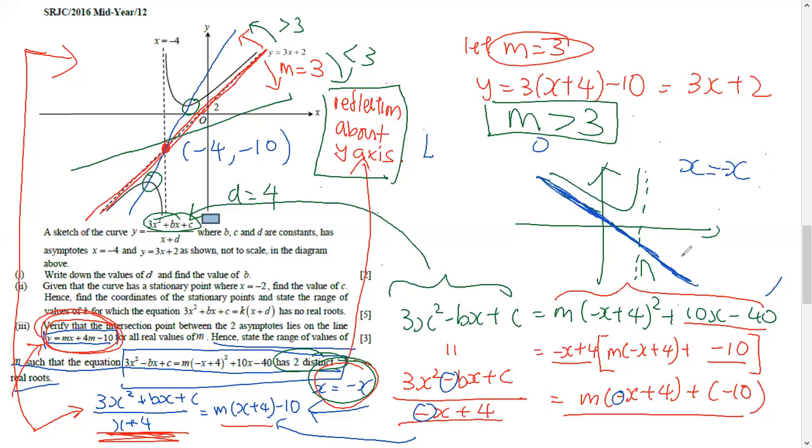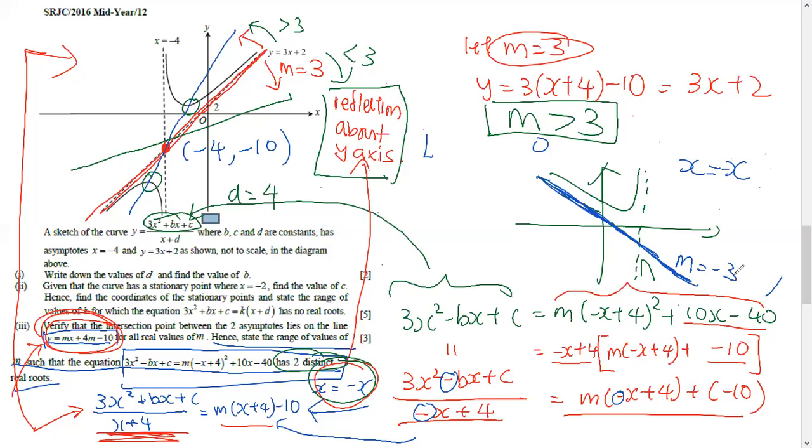So in this case, this will be m. If I flip the whole thing, what is this m value? In this case, is it negative or positive? If I flip the whole thing, it'll be negative, right? So this gradient here will be -3.